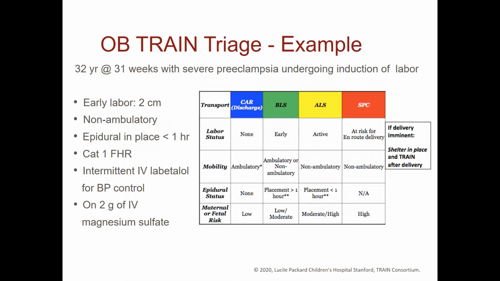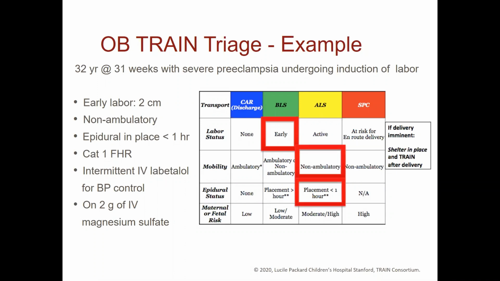So here's a little bit more example, a harder example. Here's a 32-year-old at 31 weeks. So she's premature. She has severe preeclampsia. And because of that, she's undergoing induction for the safety of her and her baby. She's only 2 centimeters, so that's early. She's not walking and she has an epidural in place.